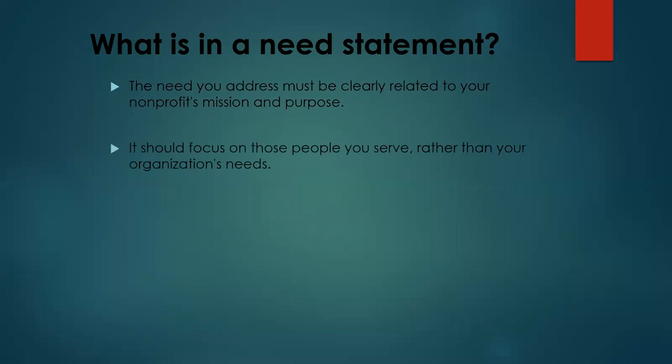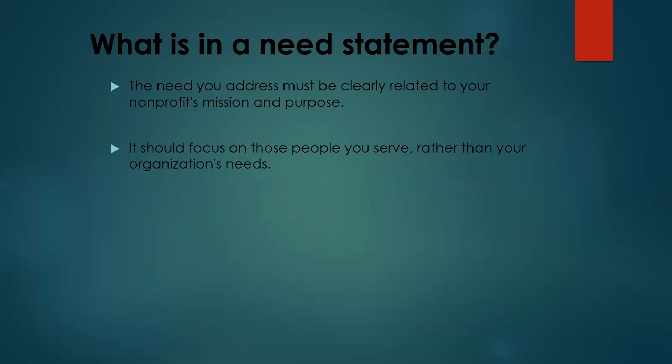It should focus on those people you serve rather than your organization's needs. If you want to focus on your organizational needs, then go for a capacity grant. If you're dealing with youth, talk about the problem related to youth and how you're going to solve that problem. Some people will say, well, the problem is we don't have no money.